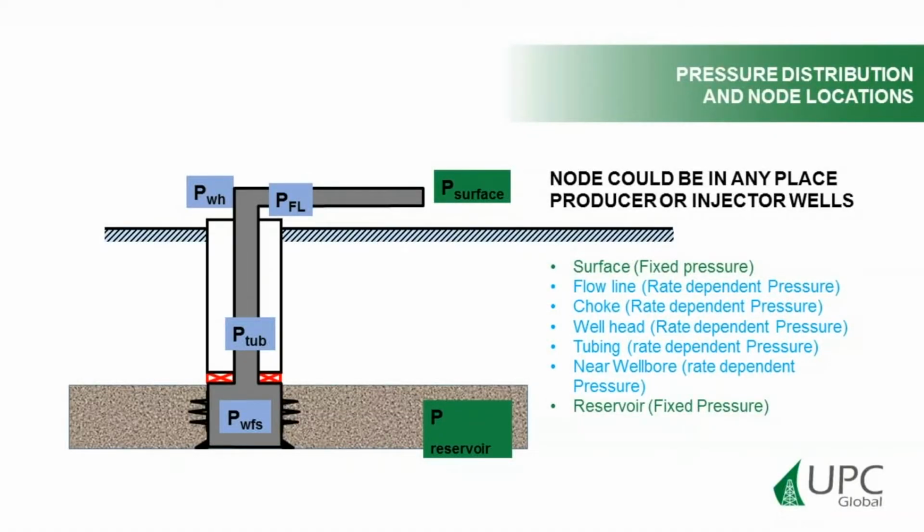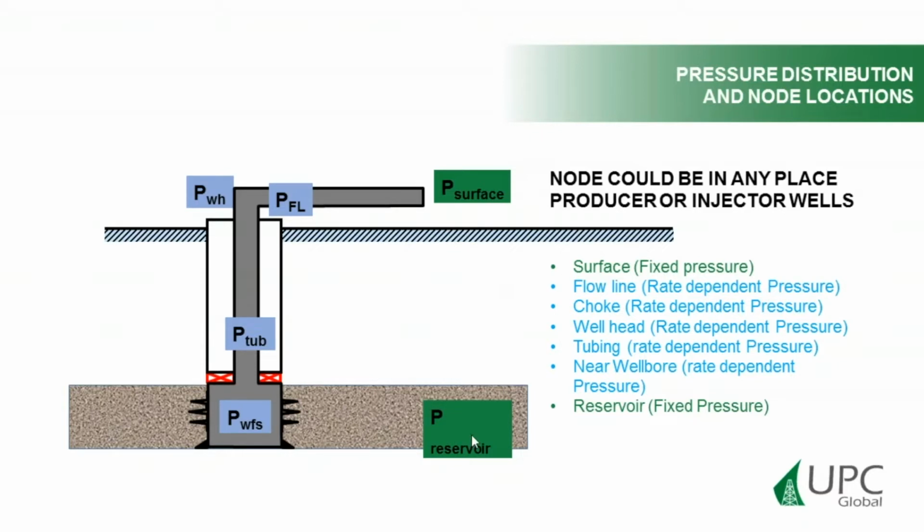So let's talk about pressure distribution and node location. First thing we have to understand is that the boundary conditions, the fixed values, are the pressure at the surface and the pressure at the reservoir. Pressure at surface does not change. We are going to talk about this. It could be the separator pressure or the pump pressure for injectors.